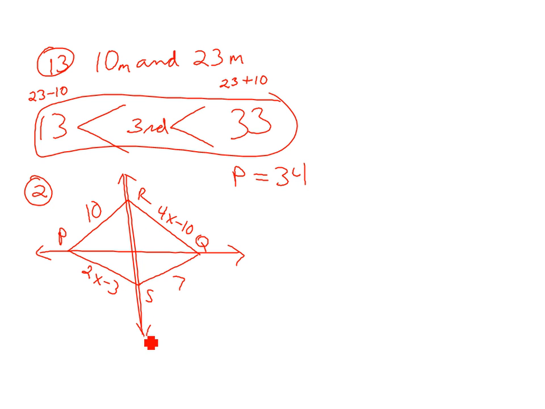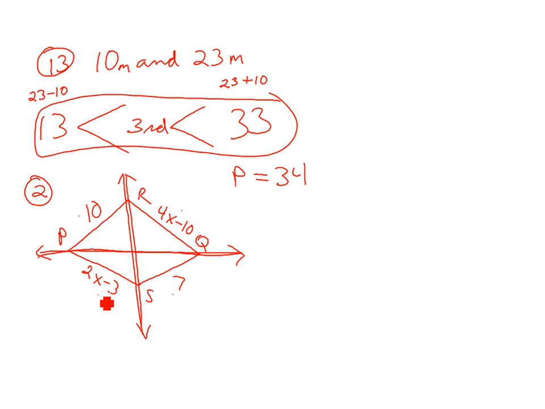So RS and PQ. So if that perimeter is 34, what do you know about this? 4x. These two together should add up to be how much? All of them together should add up to be how much? 34, right? But how much do we have right here so that we don't have to set up some big long equation? There's 17 right there, right? So these two, how much is left over for these two sides?